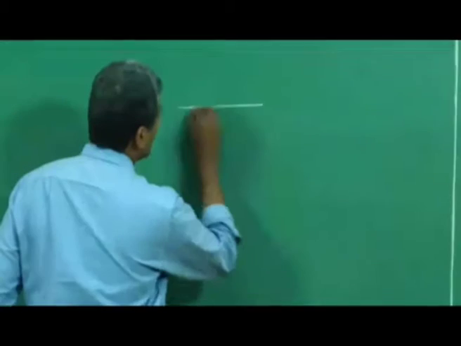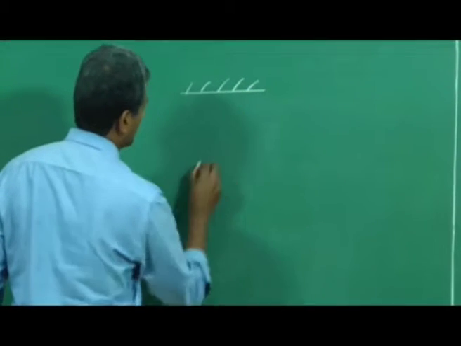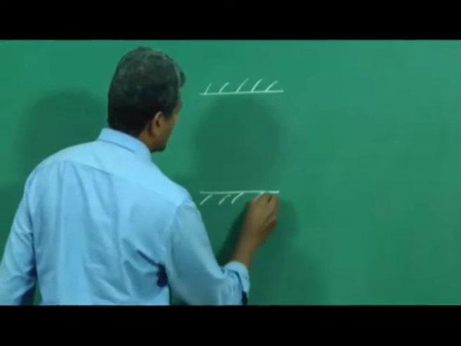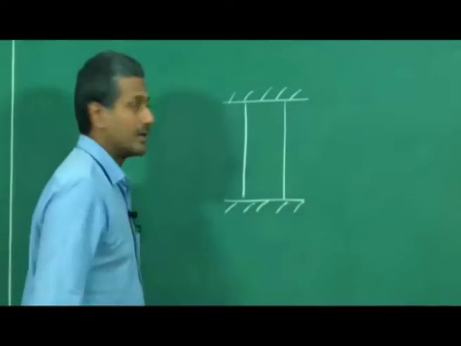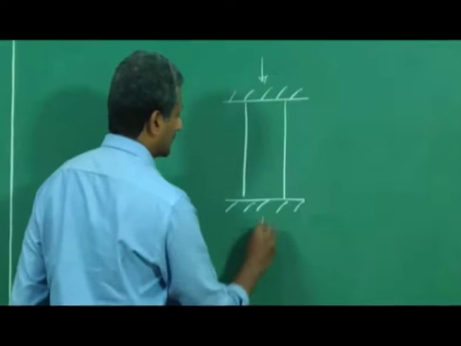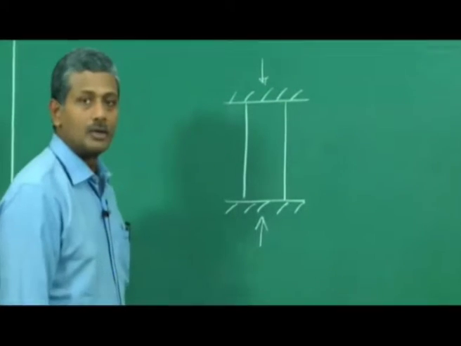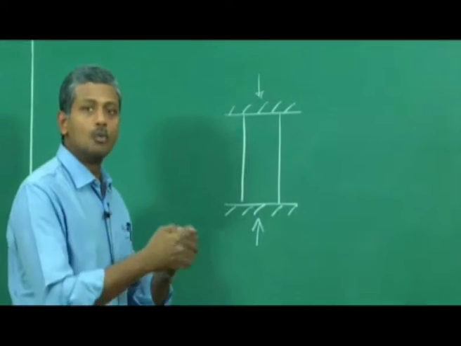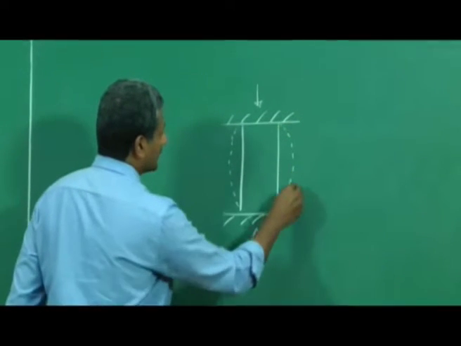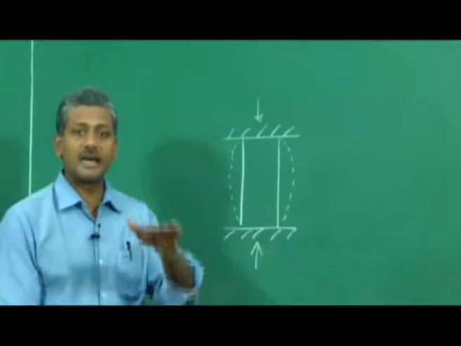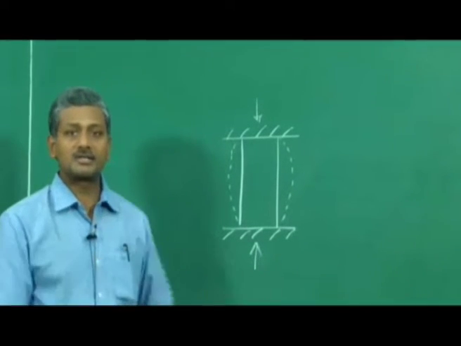So this is your loading platen, that is your bottom platen, and that is your cylinder that is now getting loaded. The cylinder wants to move outward, it is trying to bulge out because of the lateral expansion that is happening due to the compression in this direction.